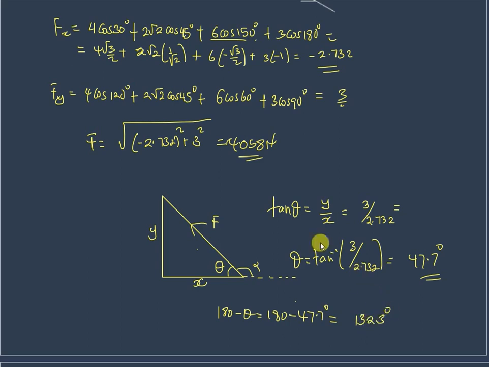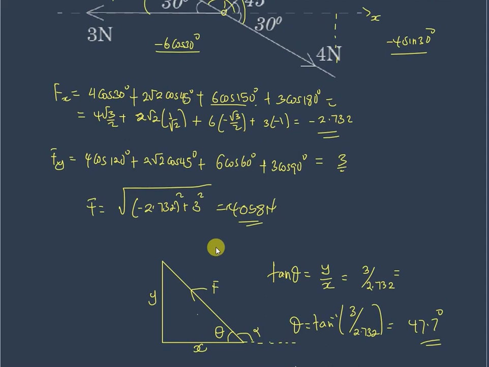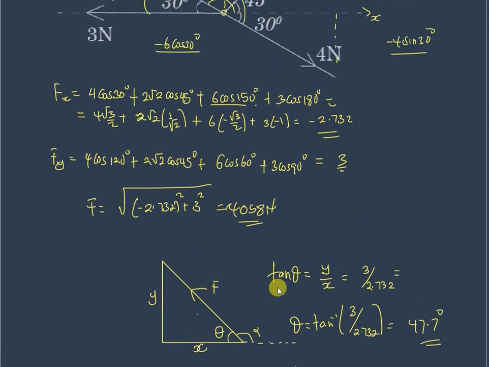So to make a conclusion, we say that the resultant is 4.058 newtons, inclined at an angle of 132.3 to the positive x-axis. That would be our conclusion.